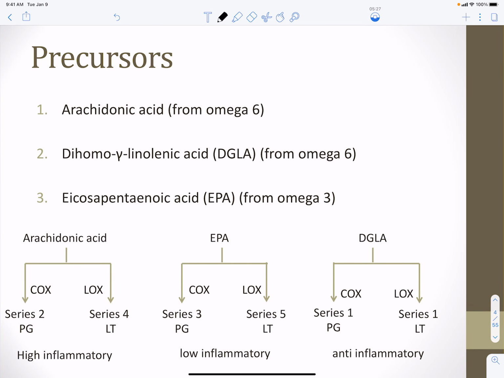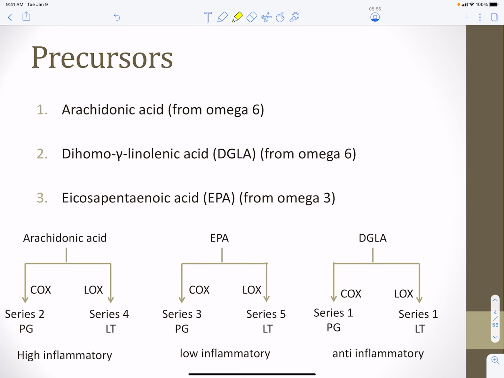Okay, so the precursors of your different icosanoids are going to be arachidonic acid, which is made from an omega-6 fatty acid. We also have dihomo-gamma-linolenic acid, DGLA, which is also from an omega-6. We have eicosapentaenoic acid, or EPA, which comes from an omega-3 fatty acid.